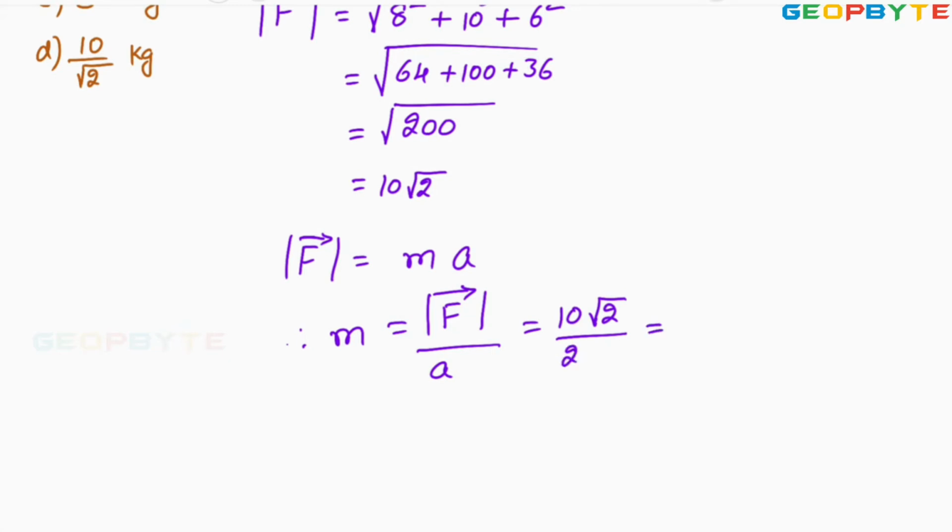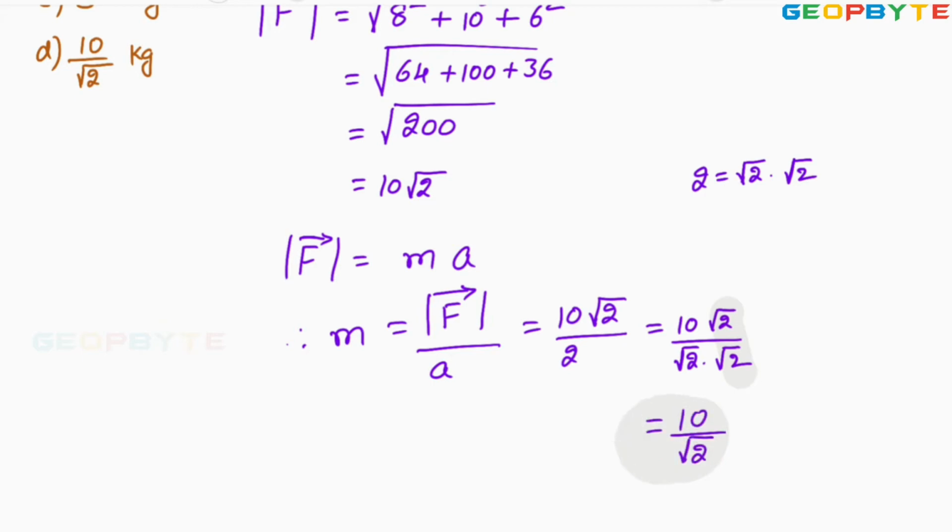It can be written as 10 root 2 divided by 2, writing 2 as root 2 into root 2. One root 2 is cancelled. Finally, it is 10 by root 2. That is the mass of the body.